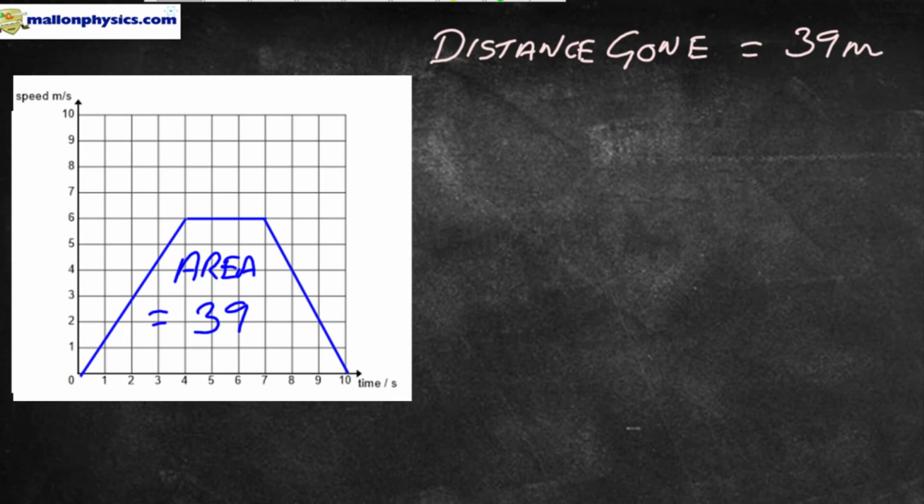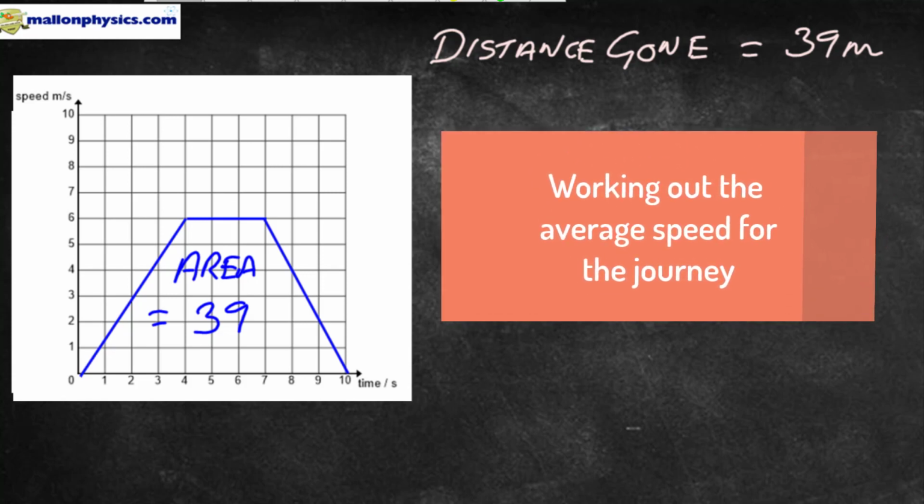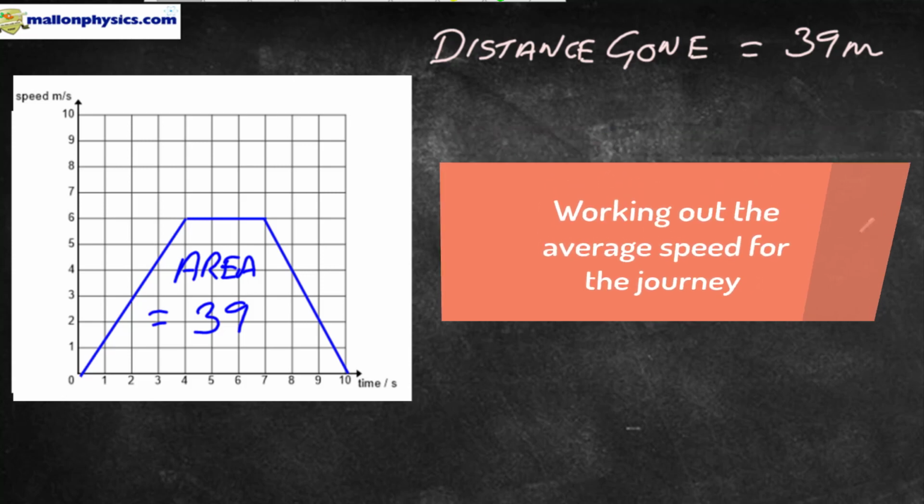So we've worked out the area of the speed time graph to be 39, and that happens to be the distance gone over the 10 seconds of 39 metres. So we can find one last thing about a speed time graph. We can actually work out the average speed of that object over the 10 seconds, because we know the distance gone and we know the time taken.